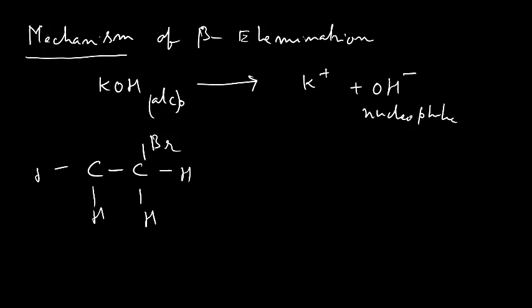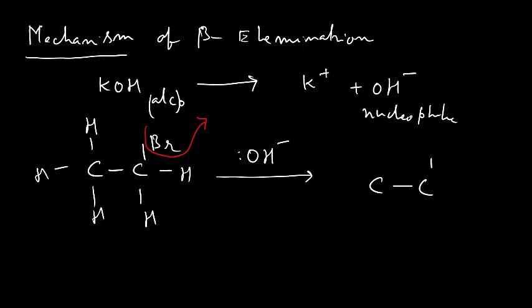So this is ethyl bromide, and in the presence of the nucleophile, the bromide ion is removed. Therefore we get a carbocation. This is step 1.